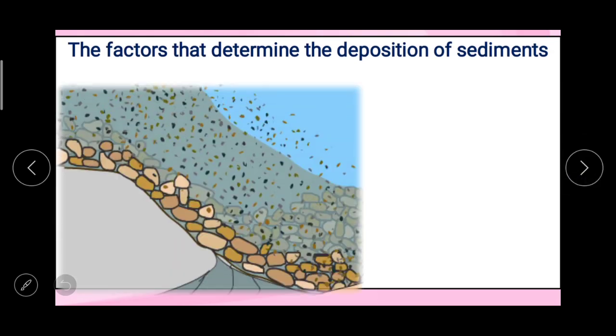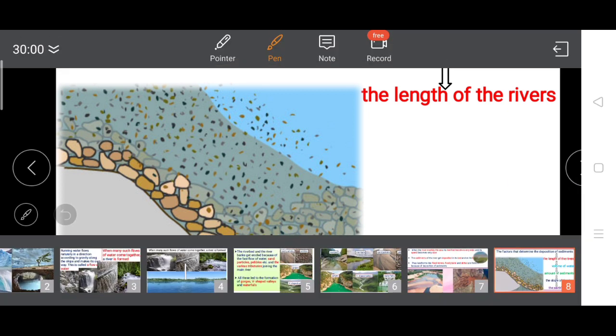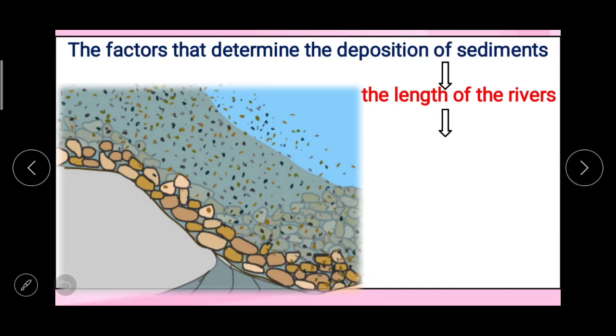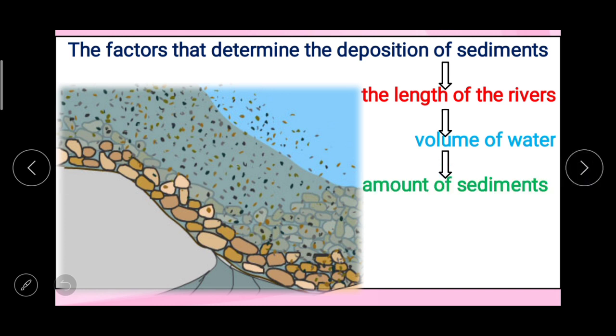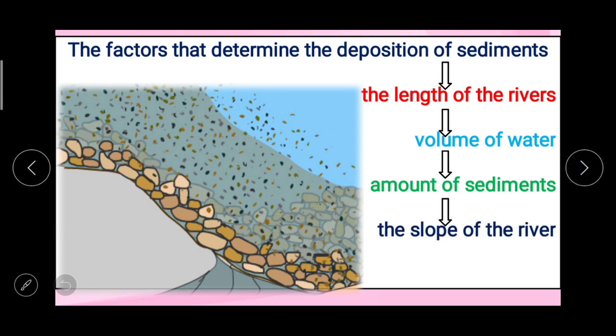The factors that determine the deposition of sediments include the length of the river, volume of water, amount of sediments and the slope of the river and also the earth's surface.